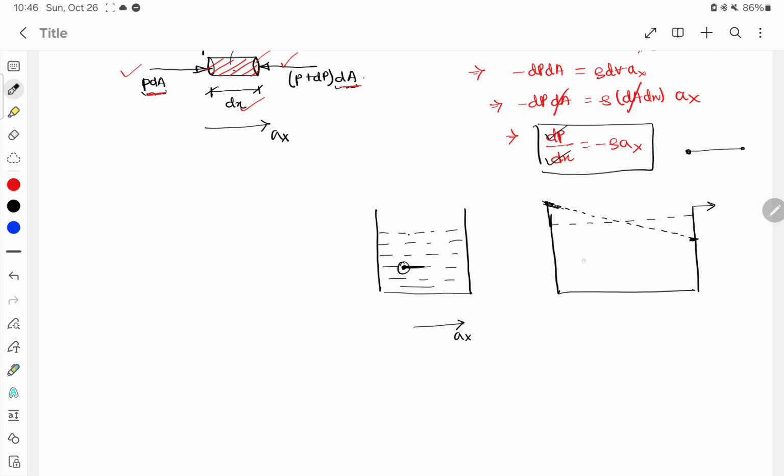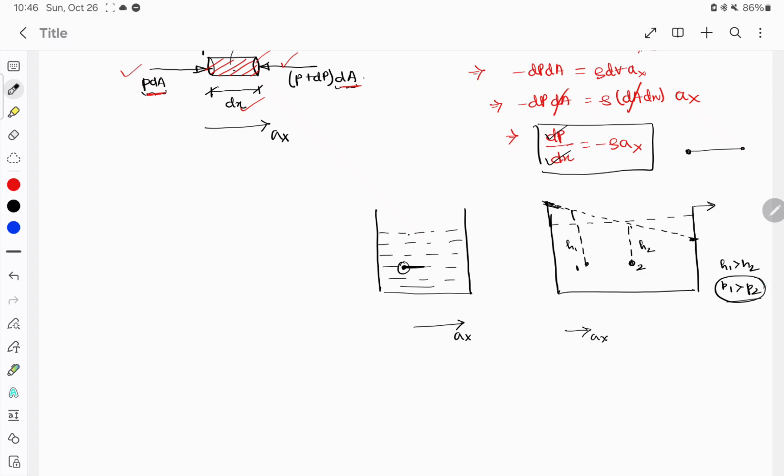This was the initial water level. Okay, so if I say this was my point 1 and this was my point 2, you can easily see that due to acceleration, this height h1 is greater than h2, which means P1 will be greater than P2.